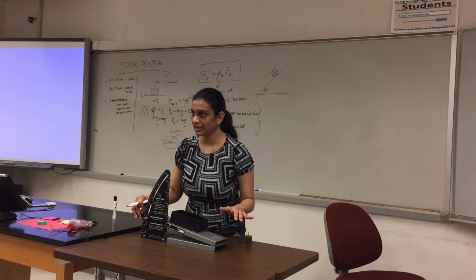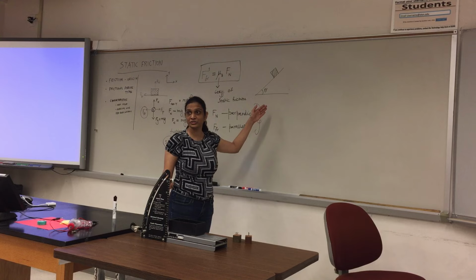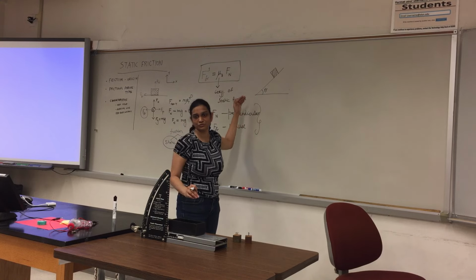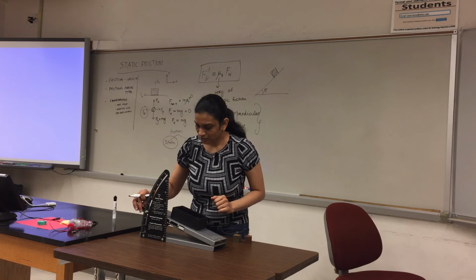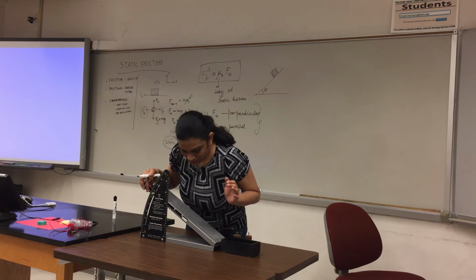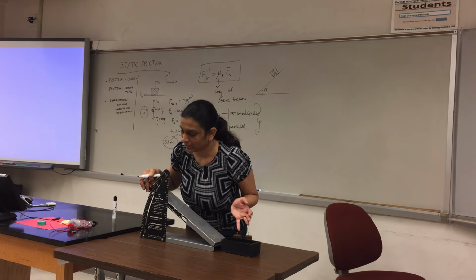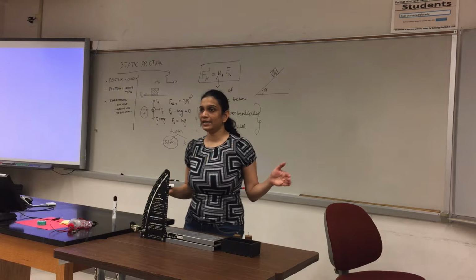And when it starts sliding down, what is actually causing it to slide down? What force? Component of gravitational force. So as I go on increasing the angle of incline, at a particular angle the box begins to slide down. At about 30 degrees here, I see the box begins to slide down.